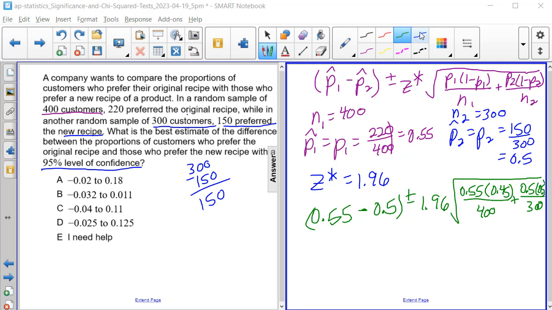And we can easily replace this 55/100ths minus 5/10ths with 5/100ths.